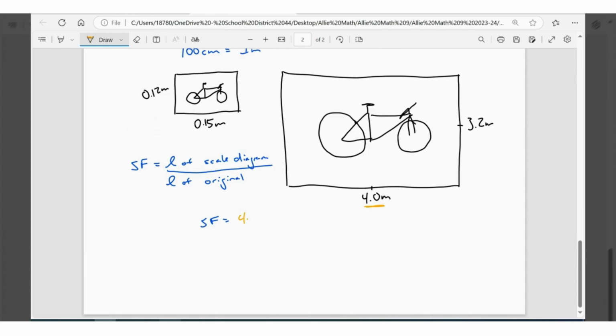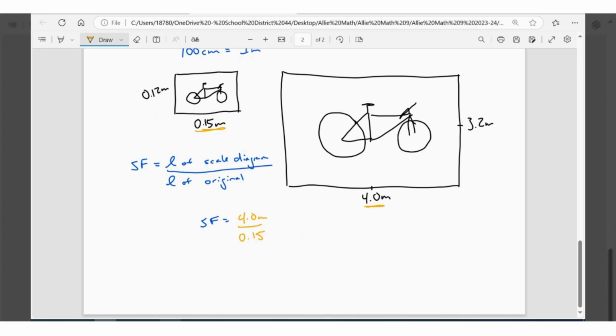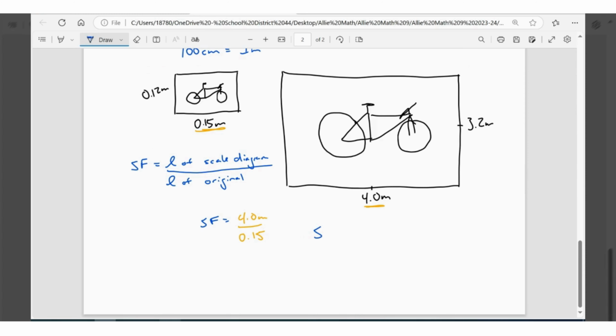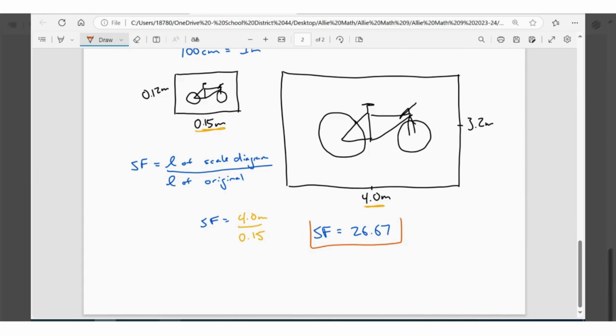So 4.0 over the length of the original, and we're using the same units, 0.15, should equal our scale factor. So let's do that. 4 divided by 0.15 equals 26.6 repeating. So our scale factor equals 26.67, something like that.